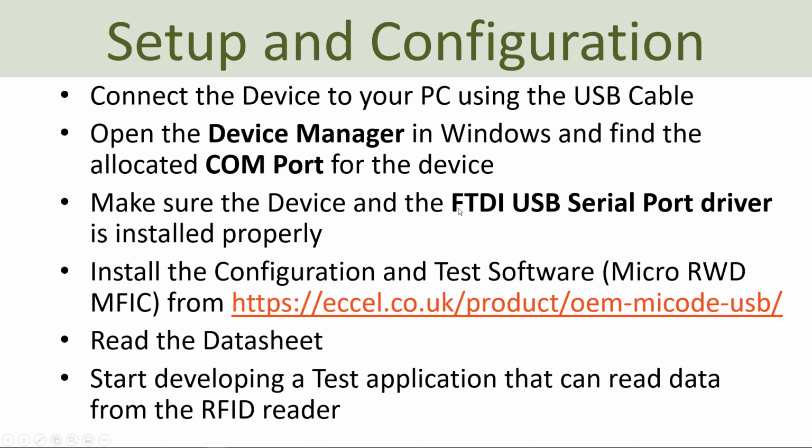Make sure that this serial USB driver called FTDI is installed properly. And of course go to the vendor's homepage to download the datasheet and read information about the system.